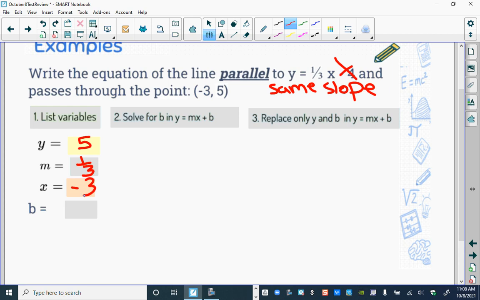Now, here's why this one might be a nice idea. The y, the m, and the x. Because when you start from b, your order is the exact same. You see where we're going with this? The y, okay, that's fine. The m is 1/3.